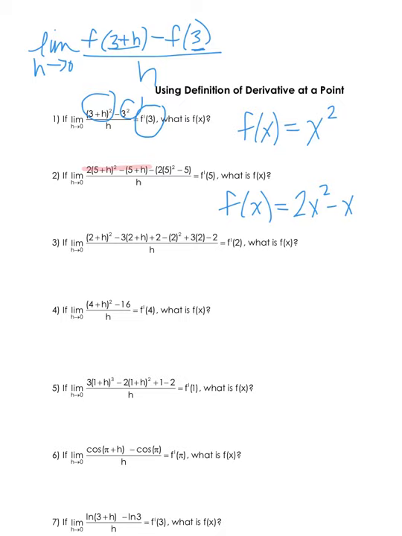Okay, in the next one, f of x equals, I'm looking at the front portion of this before I get to that subtraction. If I think about a 2 plus h being where x is, it's x squared minus 3x plus 2.